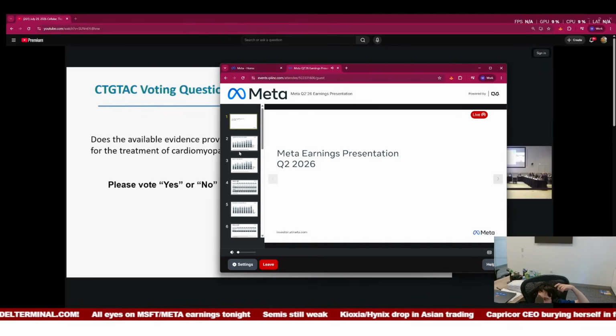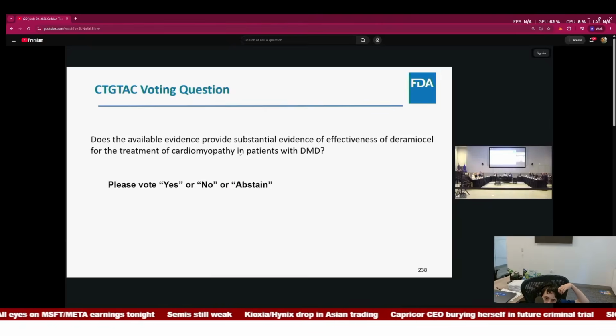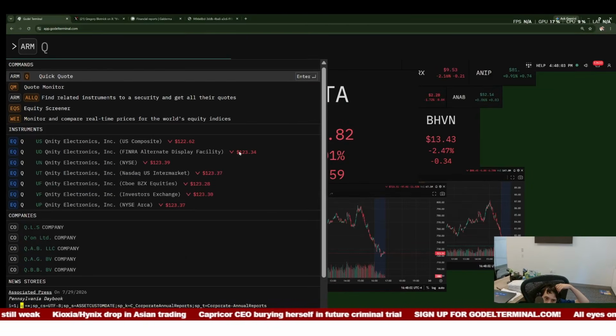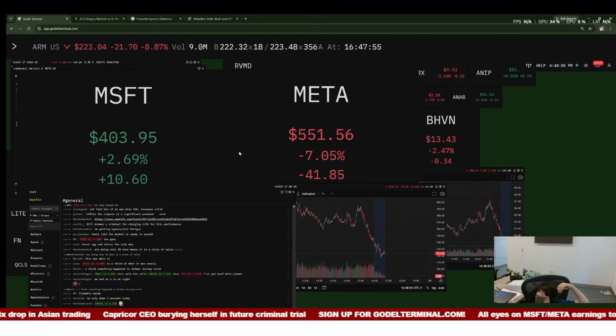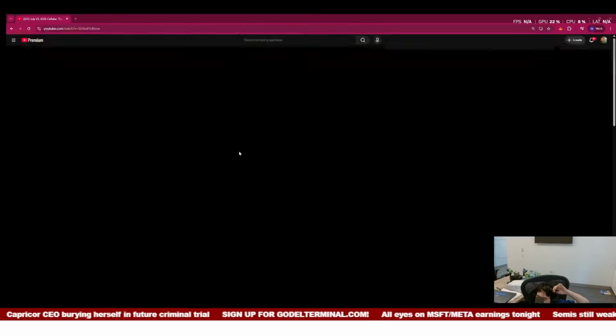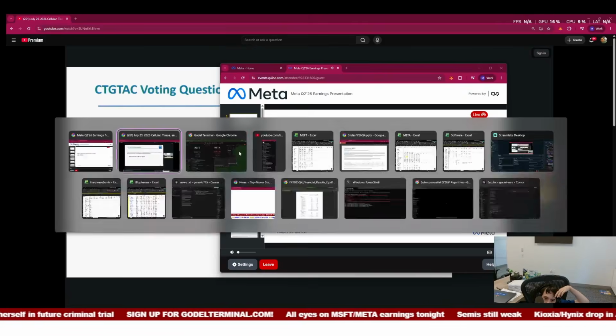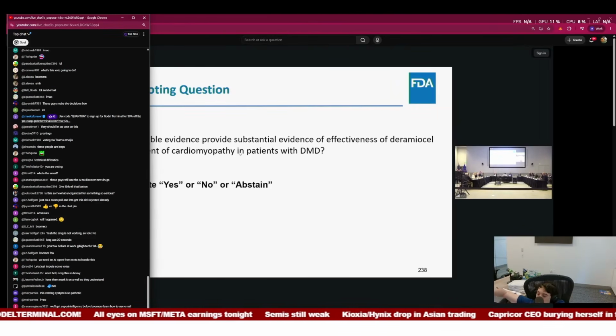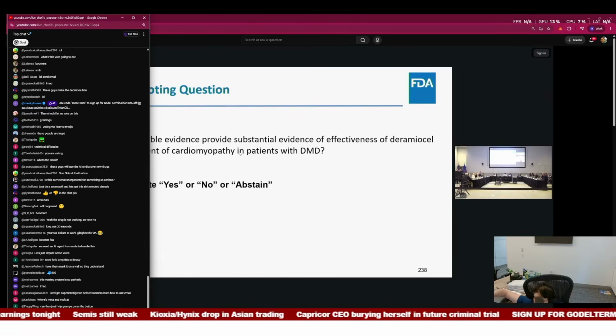Net income was $15.8 billion, or $6.18 per share. Capital expenditures, including principal payments on finance leases, were $31.1 billion, driven by investments in servers, data centers, and network infrastructure. Free cash flow was $784 million. We ended the quarter with $90.3 billion in cash and marketable securities and $83.7 billion in debt.